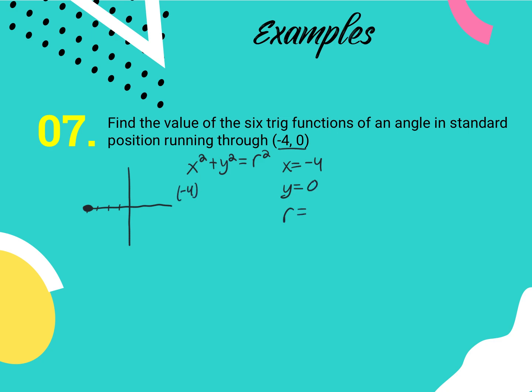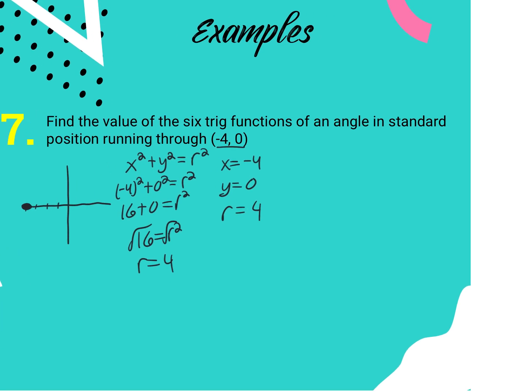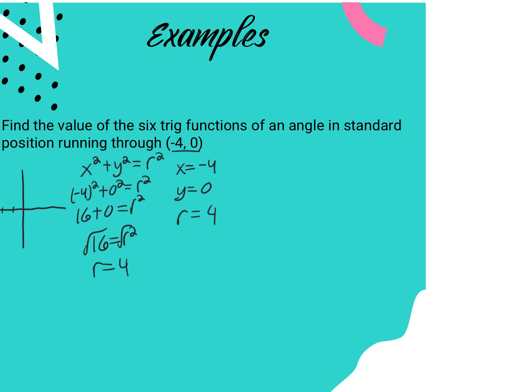We have -4 squared plus 0 squared equals r squared, so we get 16 plus 0 equals r squared. And so 16 is r squared, and when we square root both sides, we get r is +4.